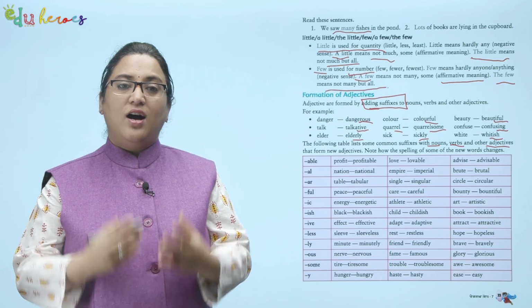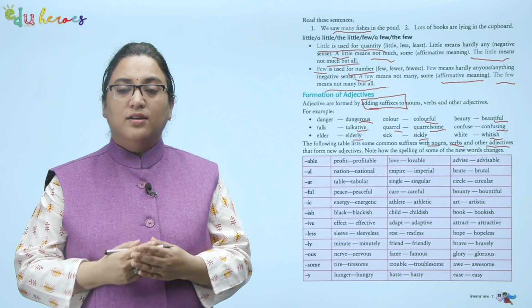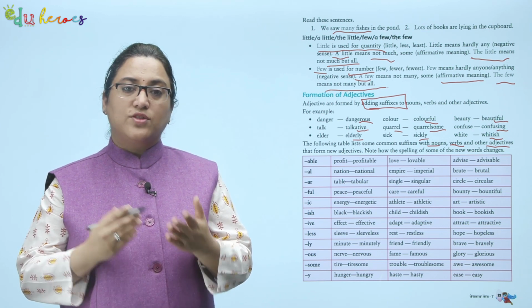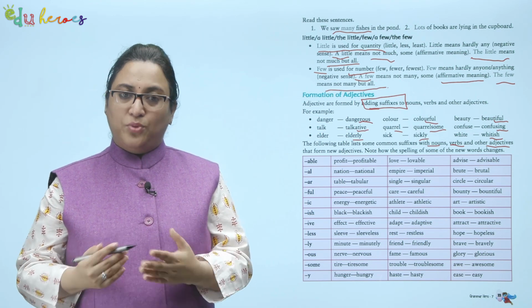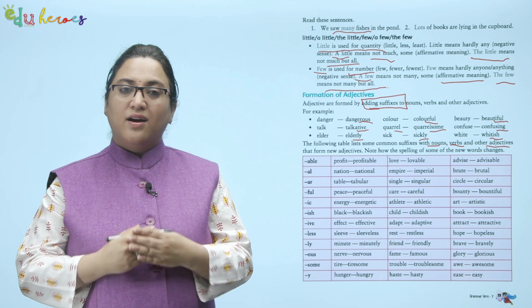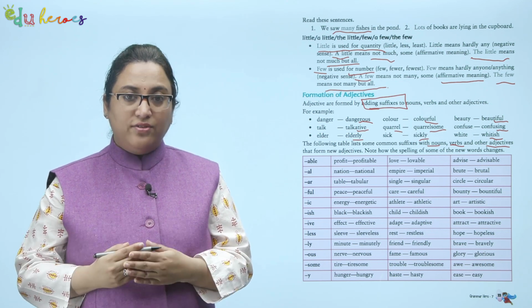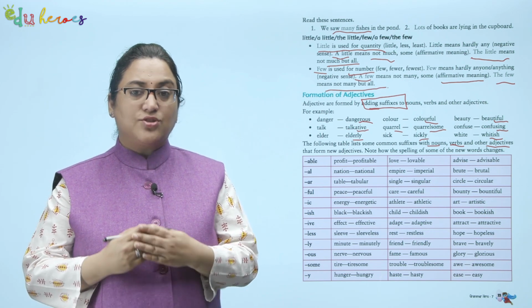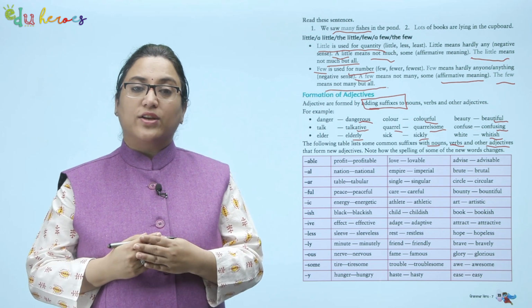Then we have ISH. Here we are just adding this suffix to the root word. Black gives blackish, child, childish, book, bookish. IVE. Effect, effective, adapt, adaptive, attract, attractive. Here also we have just added the suffix IVE.